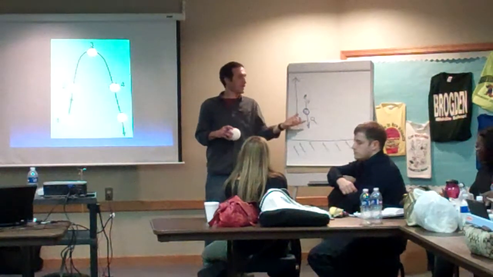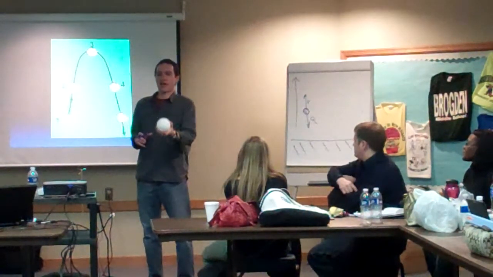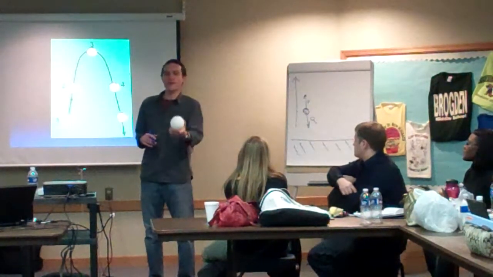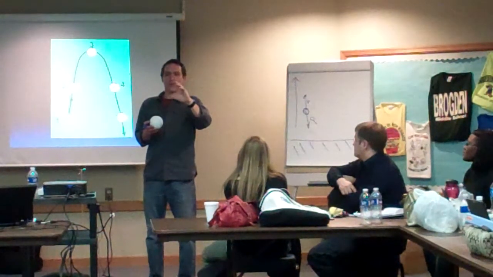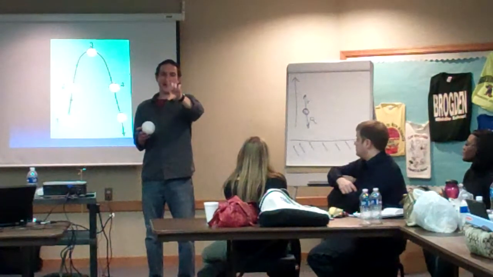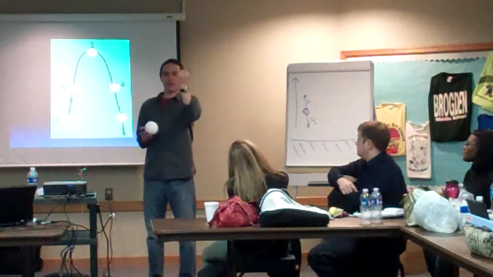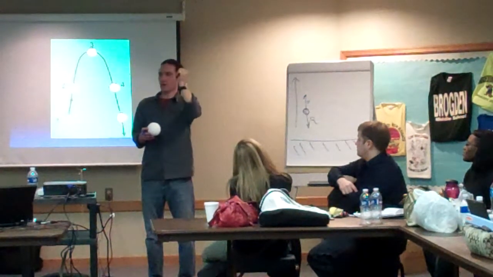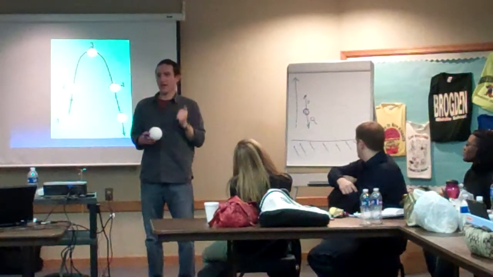So another way of looking at this: you've got an object that's moving and it's got a force on it. You might want to think of the velocity as a bank account. It's got a certain velocity, and if it's got a force on it, that force is going to be pulling a certain amount of velocity per second out of that bank account.